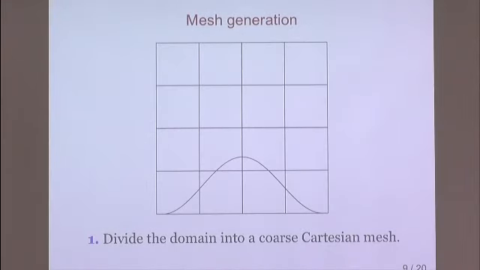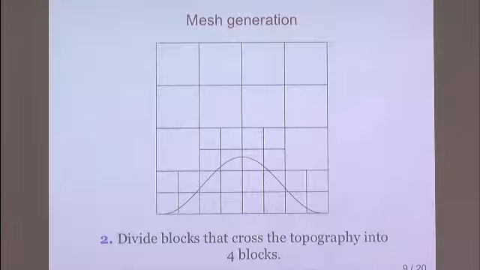For example, to obtain a locally refined block structured mesh around this topography, first we divide the domain into a coarse Cartesian mesh. Then divide the blocks that cross the topography into 4 blocks in the 2D case and 8 blocks in the 3D case, like the oct-tree method.